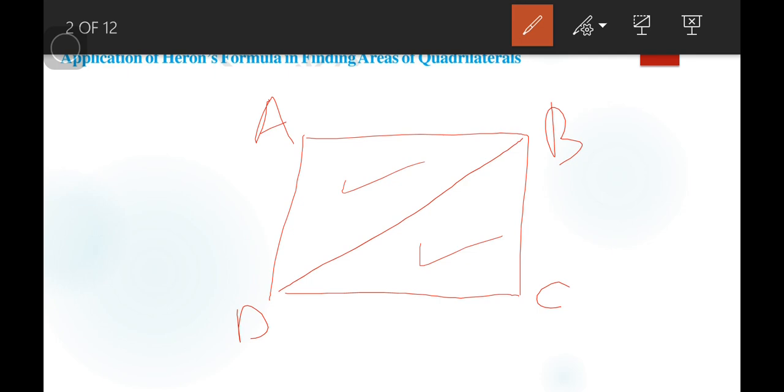So we first find the area of this triangle and then the area of this second triangle. After getting the areas of both triangles, we just add both areas, so we can find the area of the given quadrilateral. So let's consider some examples.